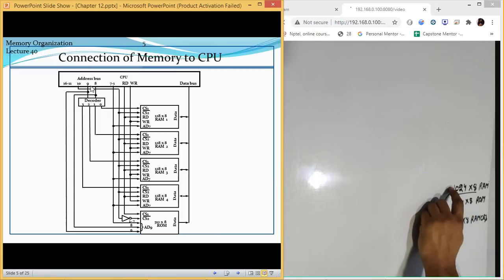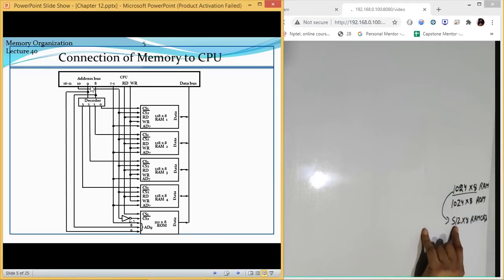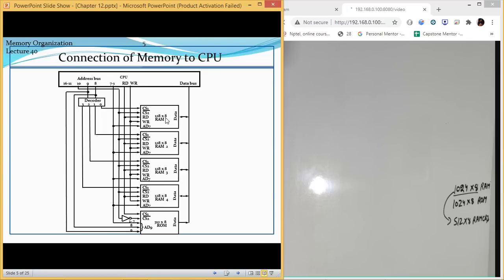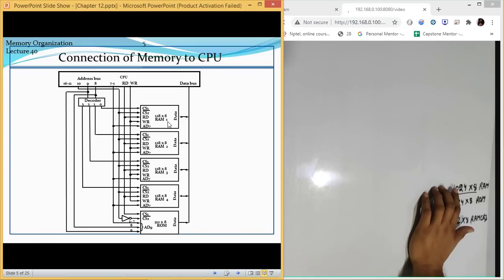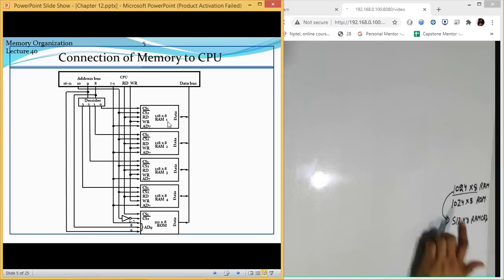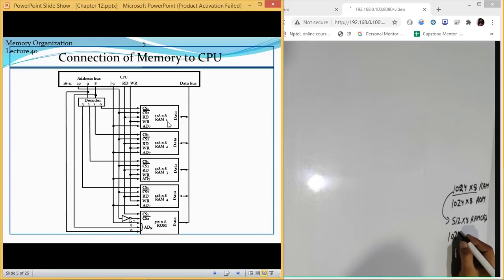I have to design this memory, but the size of chip which I am having is 512. Like in the previous case, we were having 512 bytes of RAM and 512 bytes of ROM, but the size of the RAM chip was 128 into 8. Now the similar case is here. I have to design 1024 into 8 RAM and 1024 into 8 ROM.